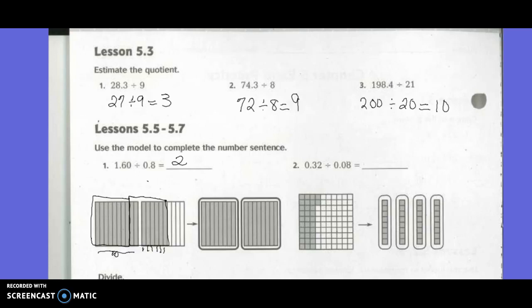Now, we only have 32 hundredths, so we have 10, 20, 32. Okay? And we want to divide those into groups of 8 hundredths.